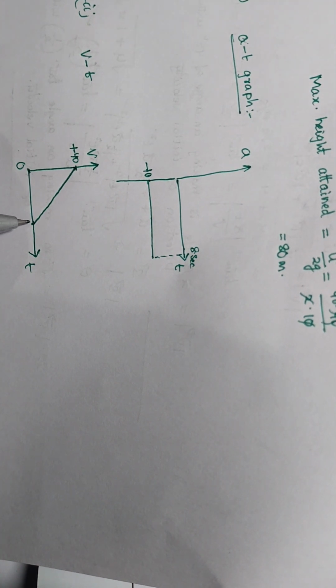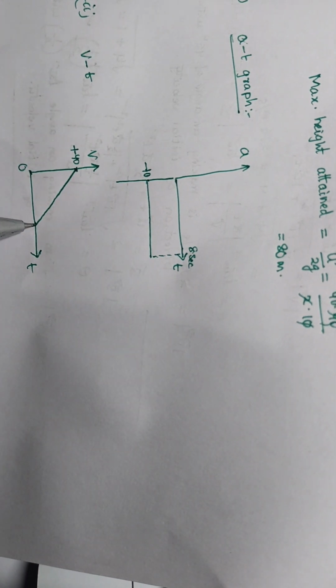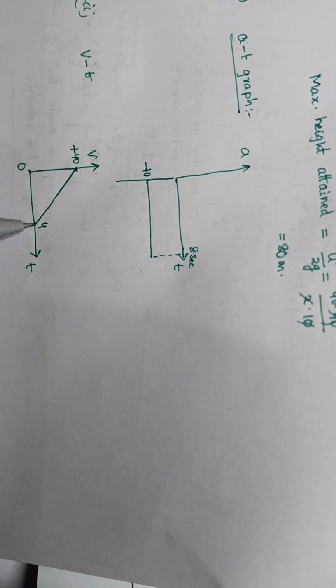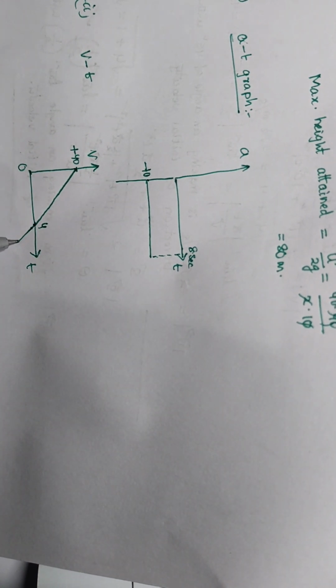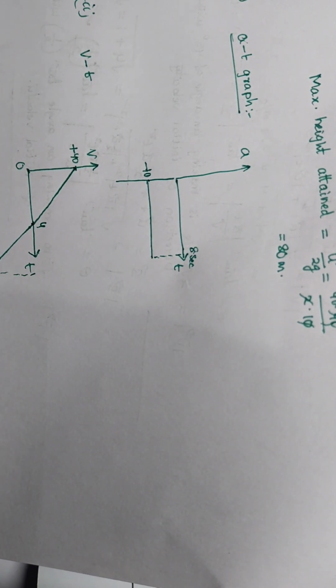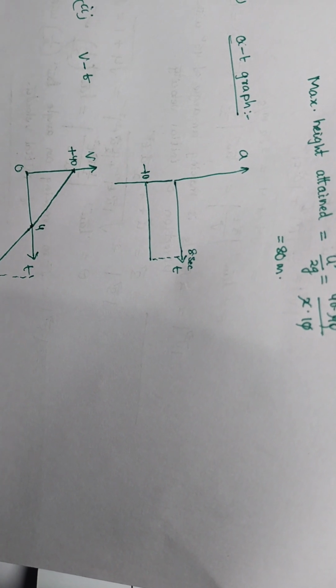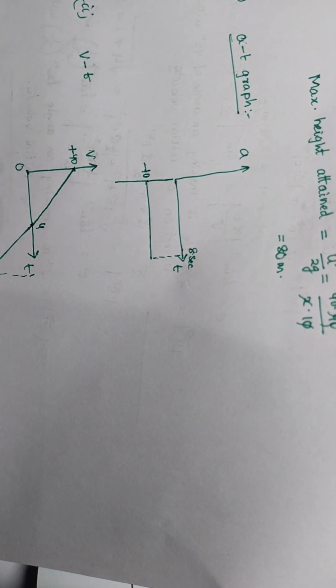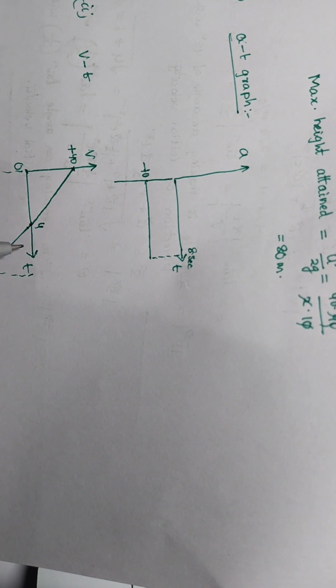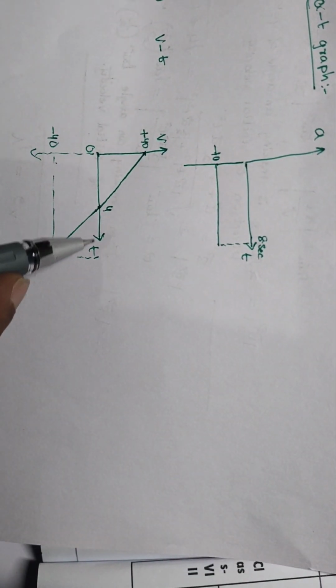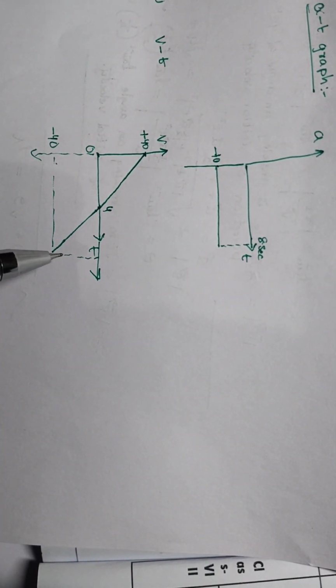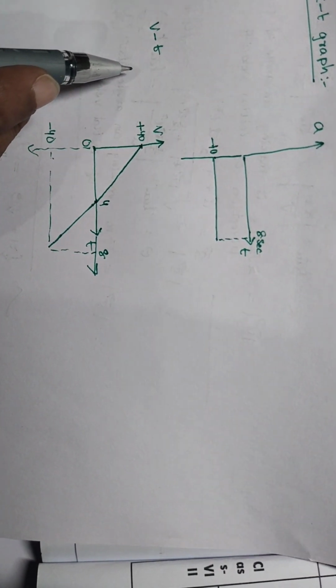That means the direction of the velocity is negative, and in 8 seconds, 4 seconds it takes to go up. After the next 4 seconds it comes back, and this one is minus 40 at t equal to 8 seconds. This is the VT graph.